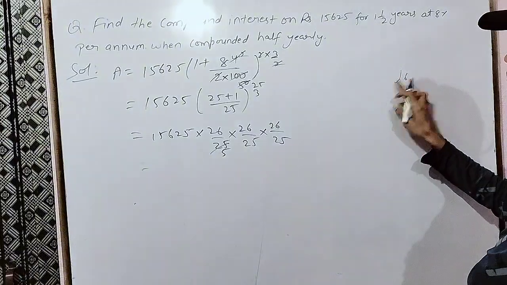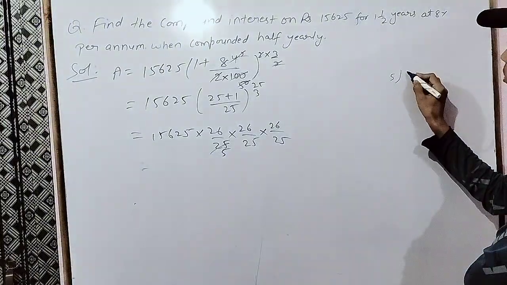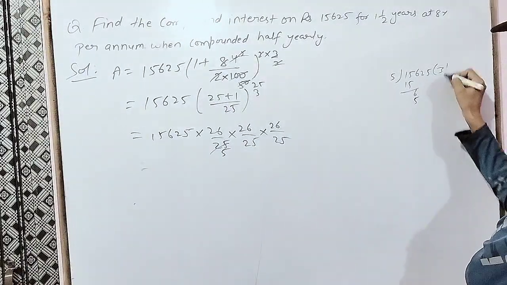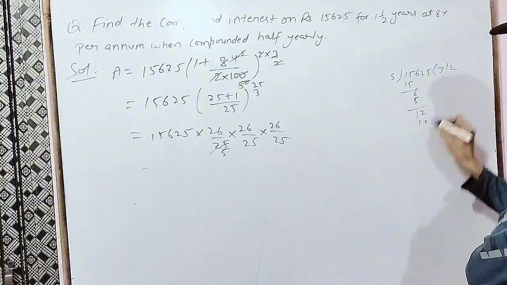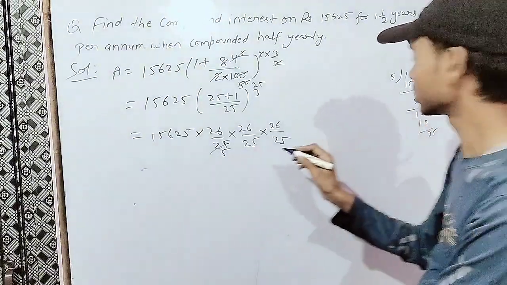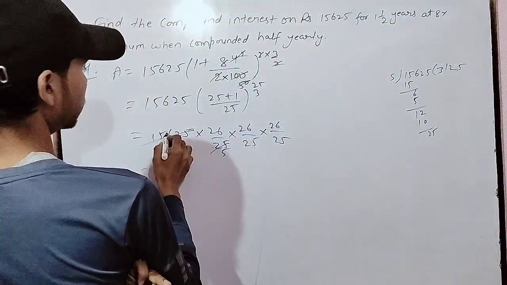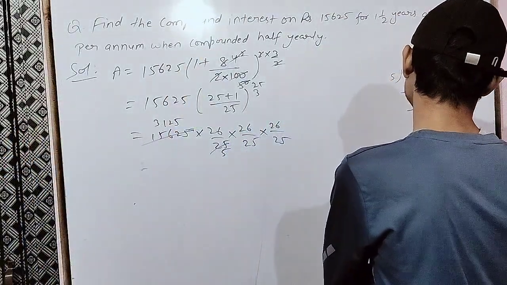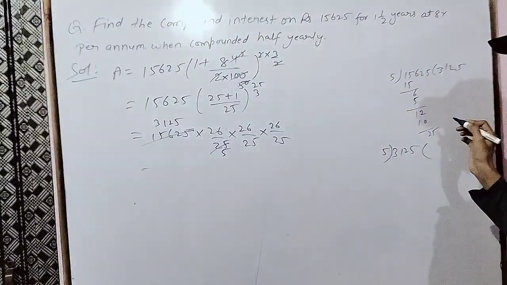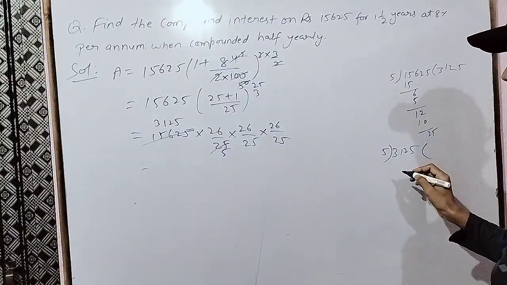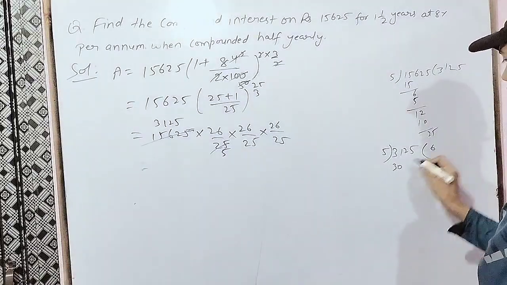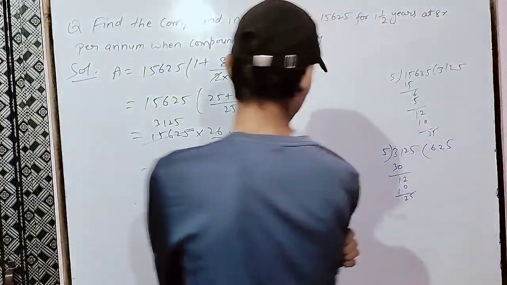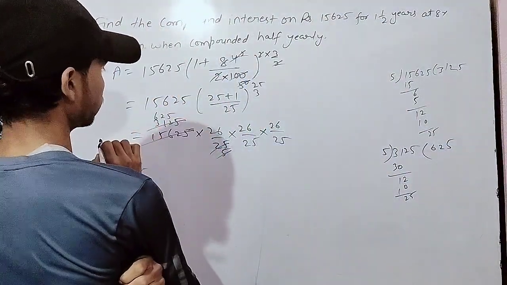Hold on, 5 ones are 5, 1, 2, cut by 5. 6 to 5, 6 to 5.